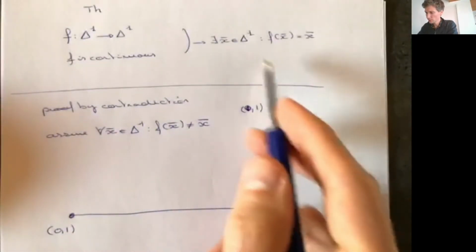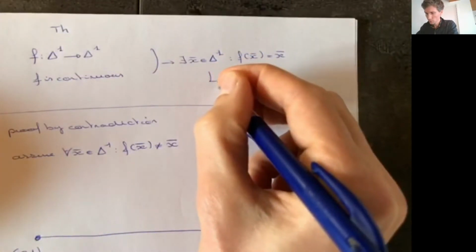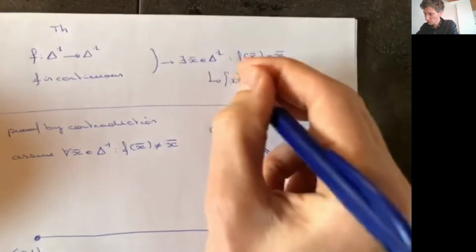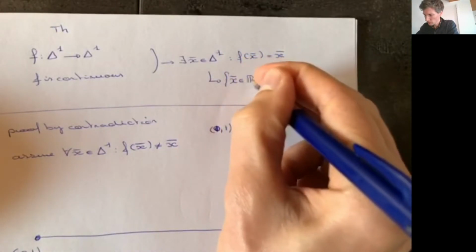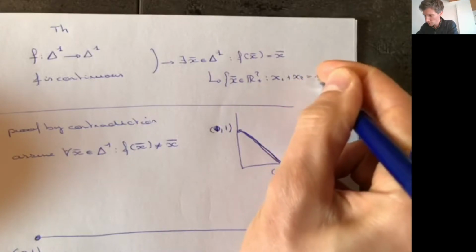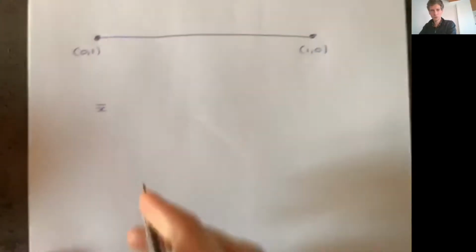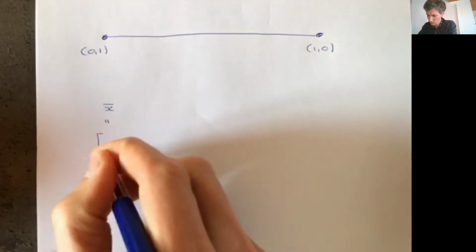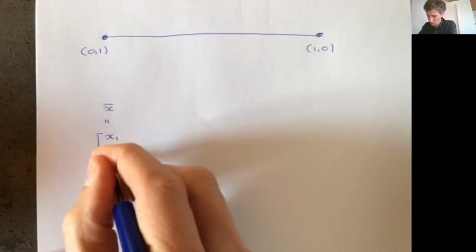So x is in delta 1. So remember, delta 1 was this set here: all the set of vectors in R2 plus, such that the two components sum to 1. Okay, so a particular x is in R2. So x has components x1 and x2.